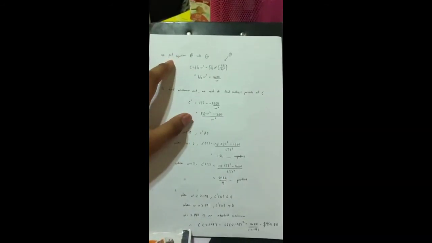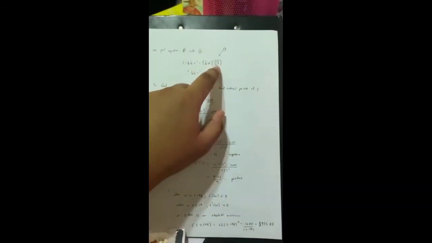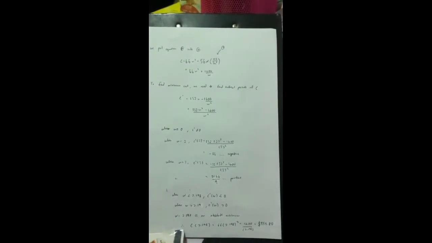From 1 we get equation 3, which is 75 equals to 3w square h. Kita dapatkan h equals to 75 over 3w square. Next, kita put equation 3 into 2. So C equals to 66w square plus 56w, dan dalam h tu kita masukkan equation ketiga, 75 over 3w square.